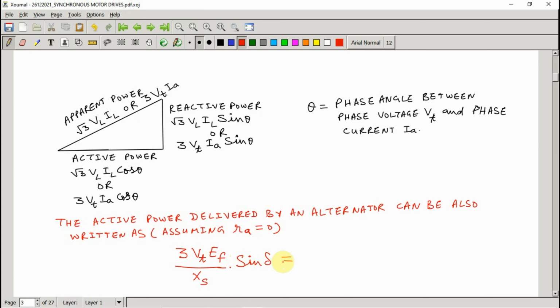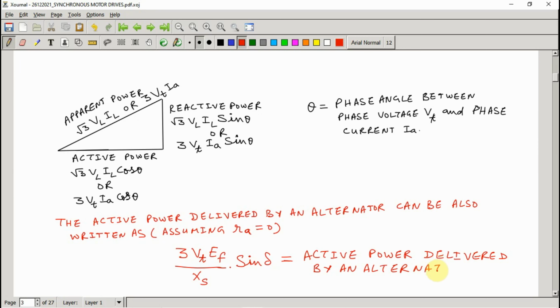So this is your active power delivered by an alternator.